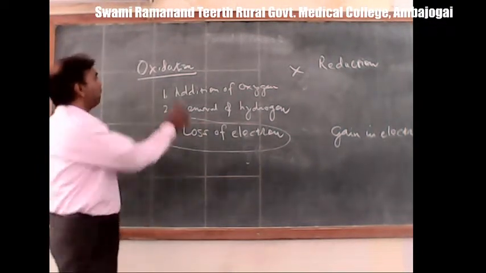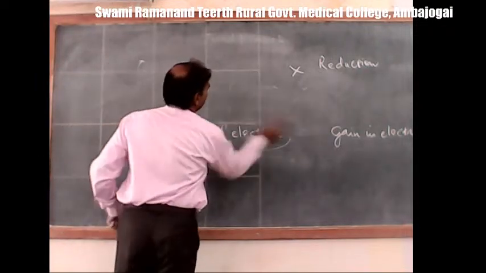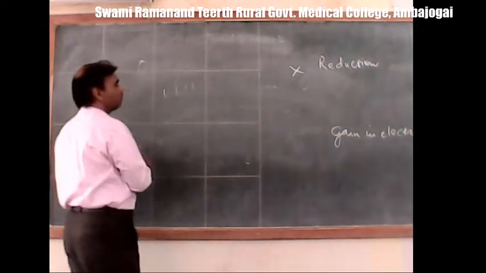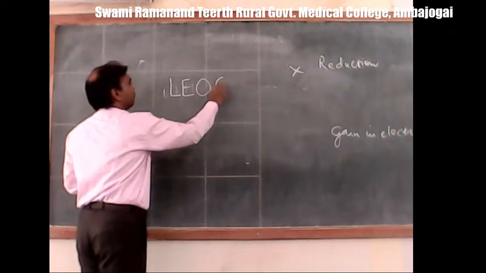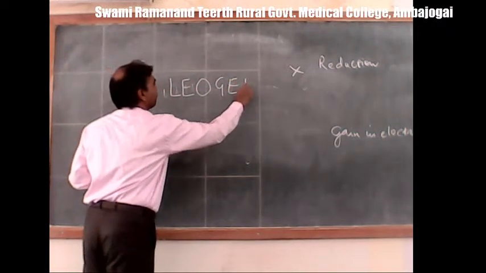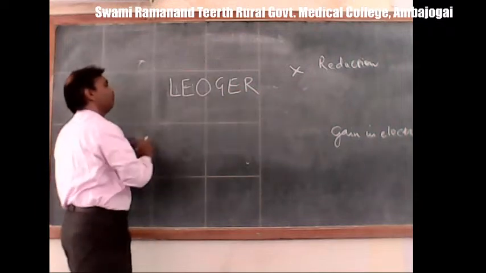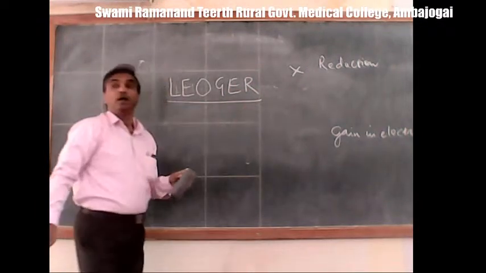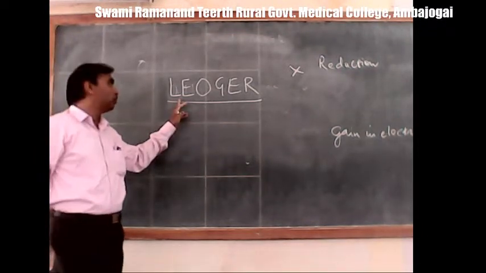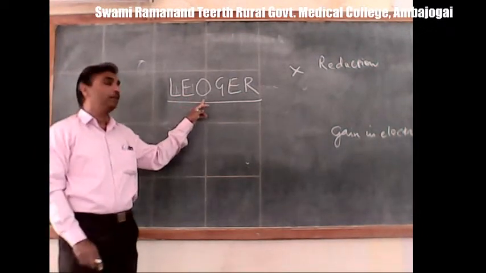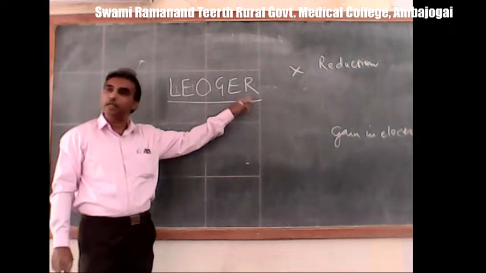So you can remember it by the mnemonic LEO: loss of electron oxidation, gain of electron reduction.